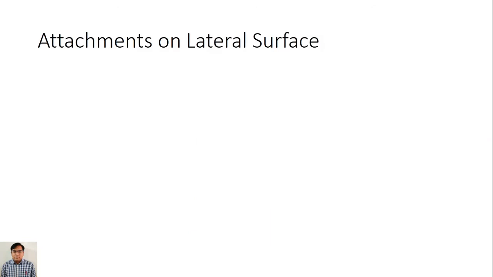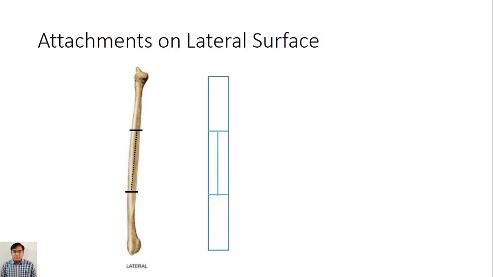Now the attachments on the lateral surface. This is the lateral view, again divided into three parts: upper one third, middle one third, and lower one third. The middle one third is divided into anterior half and posterior half by a vertical imaginary line. So the lateral surface looks like this.